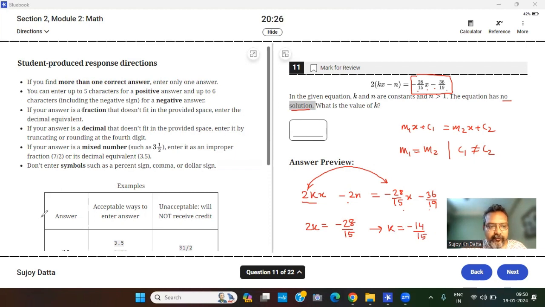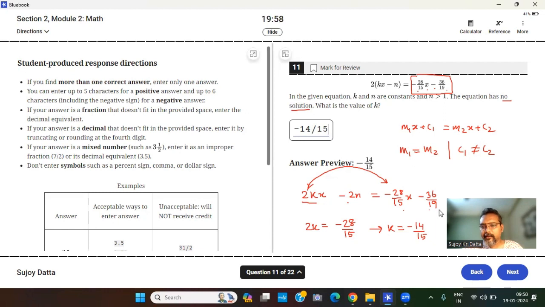So now negative 14 over 15 is most likely not going to fit in here. So if I try to do that, negative 14 over, no, it does. So we have the answer, negative 14 over 15. If it did not fit, like let's say the space is over after 1, then you have to calculate in decimal and write the answer.